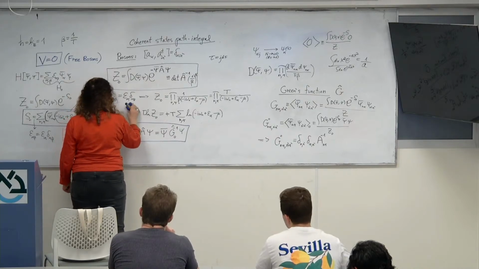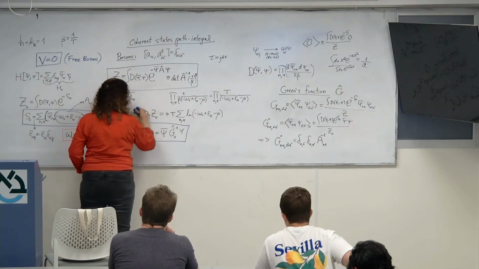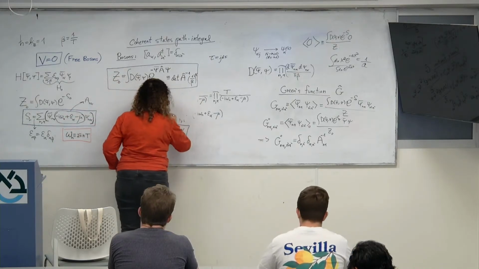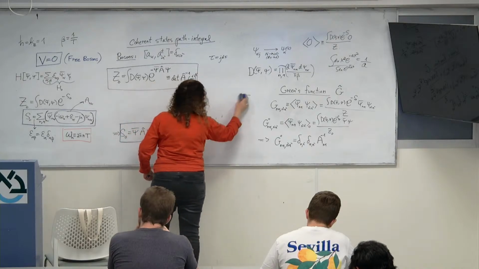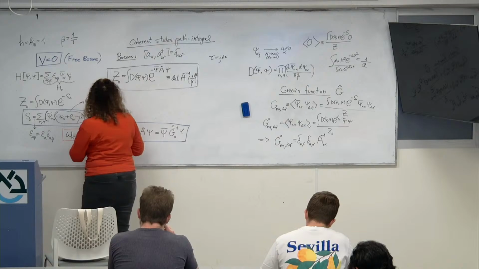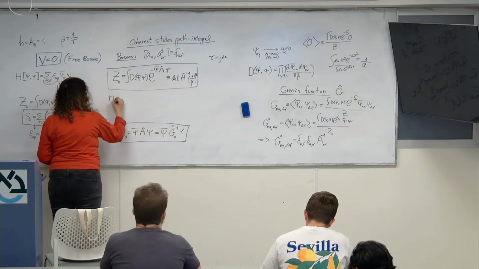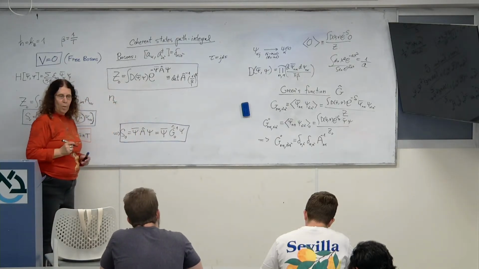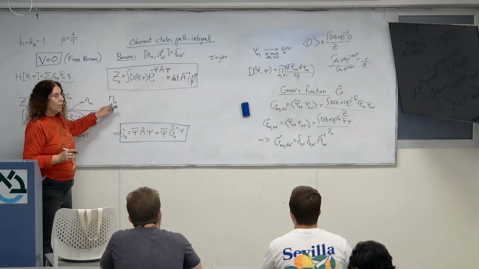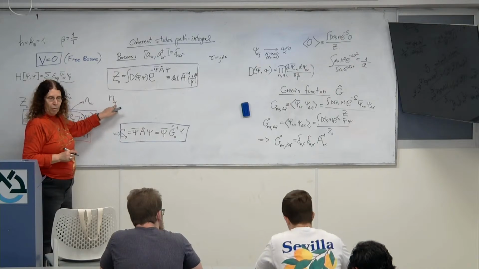Okay, and I'm really focusing on the diagonal basis. The occupation number is how many bosons are in the state alpha.